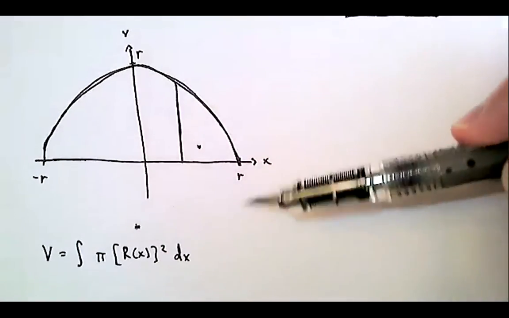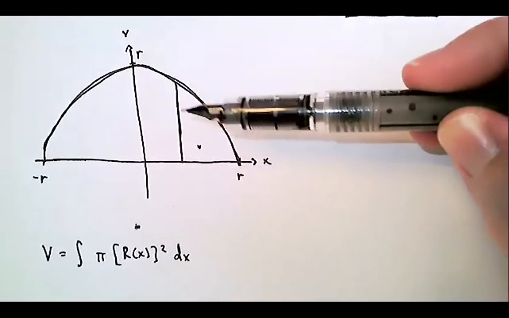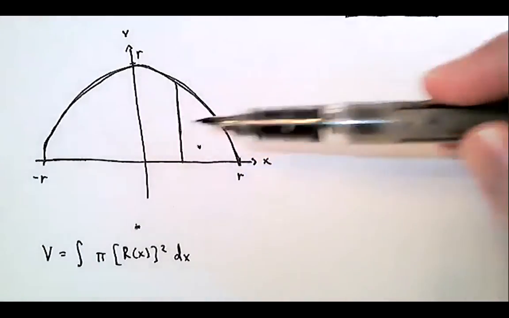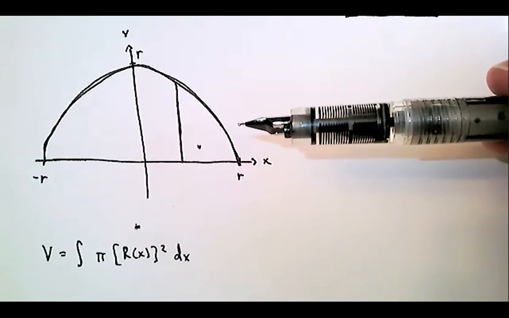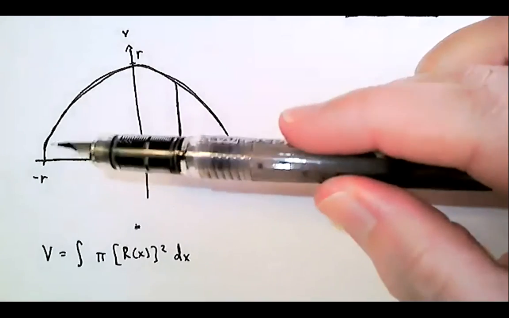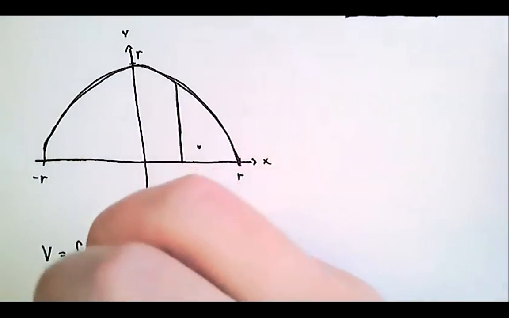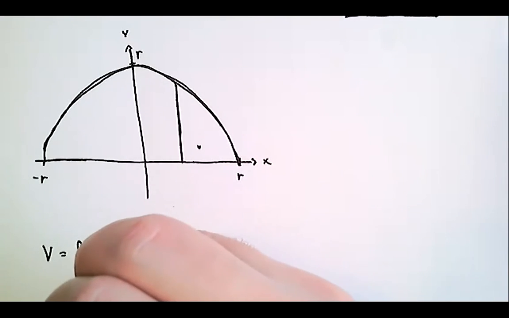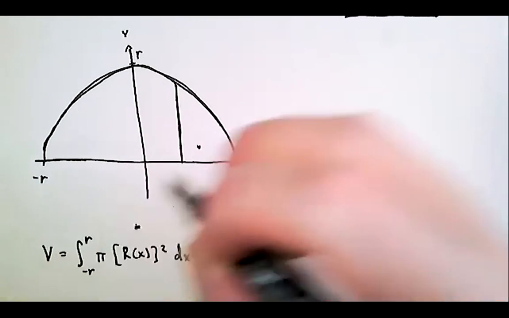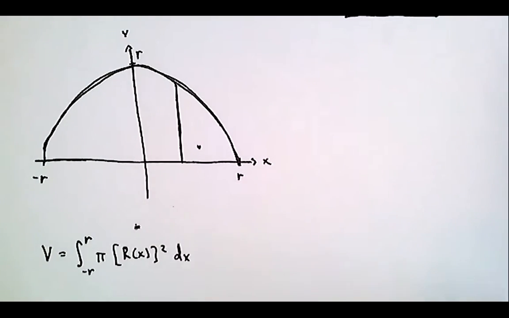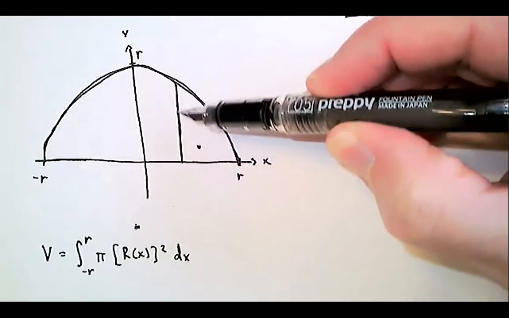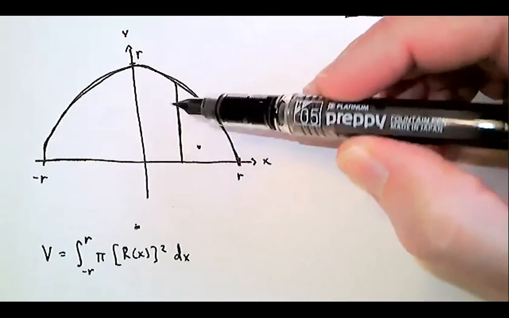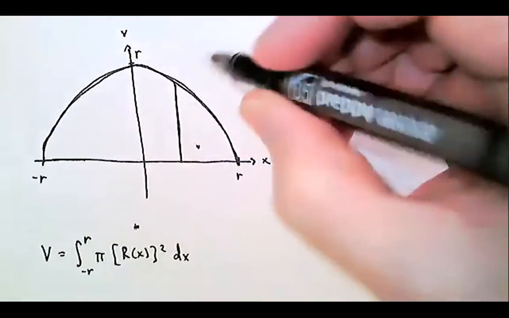So I'm rotating each of these lines around the x-axis. What are my limits of integration? Negative r to r. Good, yeah. So I can go ahead and fill that part in here. And this vertical line that I drew is going to play the role of the radius of each of my disks.